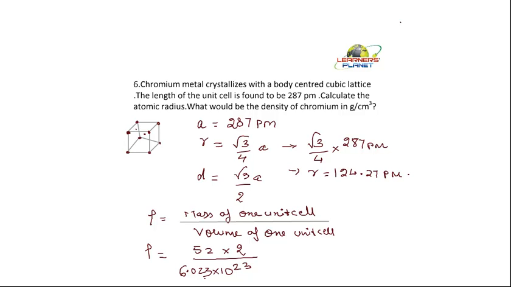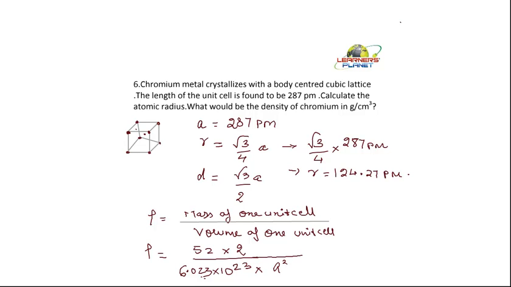That multiplied by the number of atoms, that is 2. 2 is the number of atoms in BCC. So it goes like this: mass of one atom, that is 52 by 6.023 into 10 to the power 23, multiplied by 2, that is the number of atoms per unit cell, and divided by the volume. What is volume?